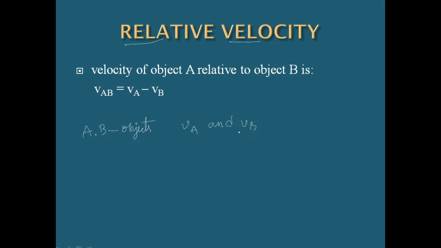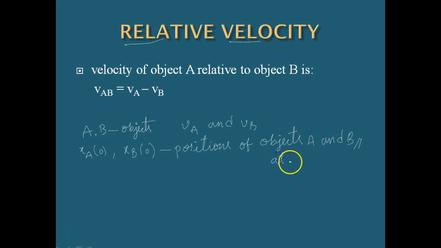If xa naught and xb naught are the positions of objects A and B at the time t equal to 0, then their positions xa of t and xb of t at the time t are given by.